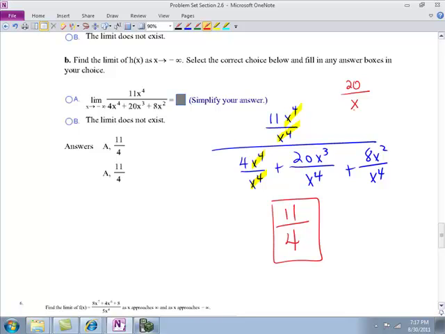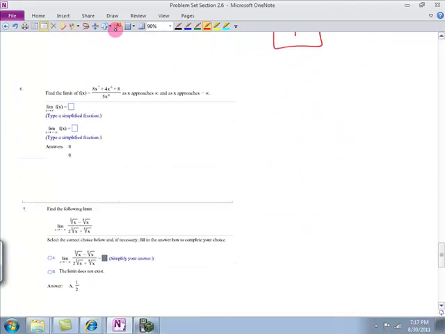Because as x gets large, 20 over 1 million, whatever, that value gets infinitely small. So anytime you can reduce to that, you'll go to 0.